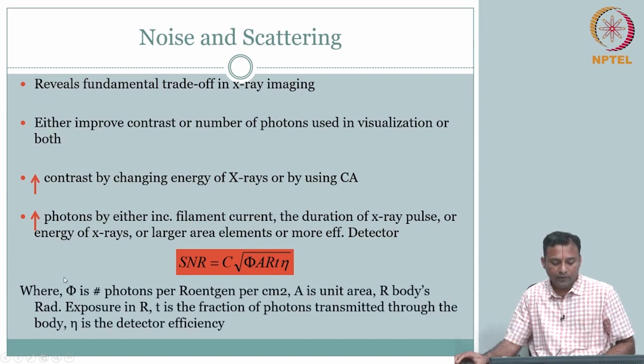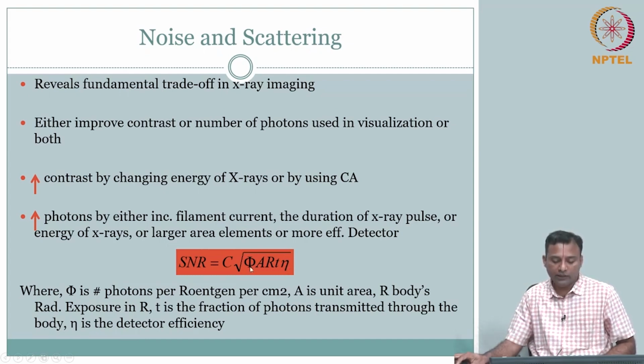So your 5 is your number of photons per Roentgen per centimeter square, A is your unit area, right, R is the exposure, body's rad, T is the fraction of photons transmitted through the body. Most importantly, your detector efficiency.